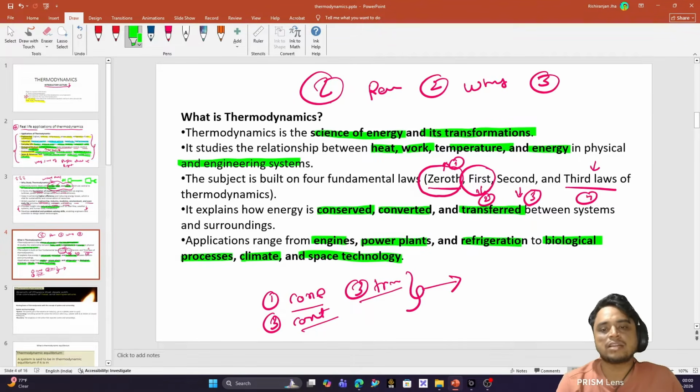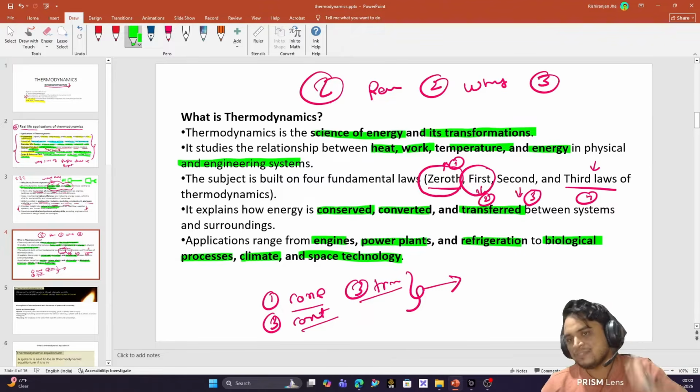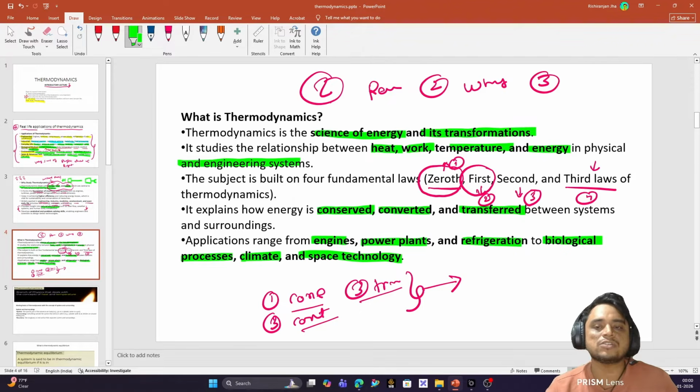You might be thinking, why am I explaining all these things, and why not just start the lecture? Because I believe science is not just for scoring marks and getting good grades, it's for understanding things, it's for your own happiness.